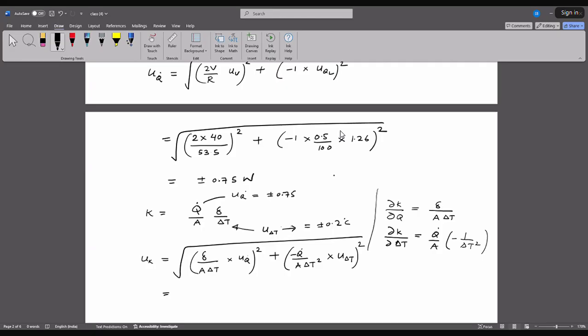So we have all the values and can just substitute. Delta is the thickness, 0.0003, divided by the cross-sectional area, 0.0133.